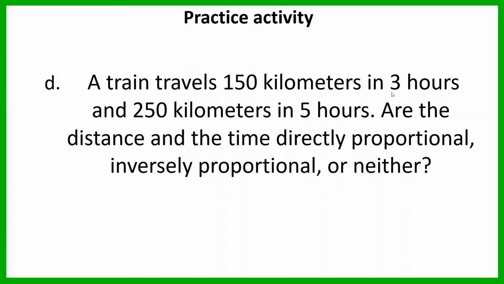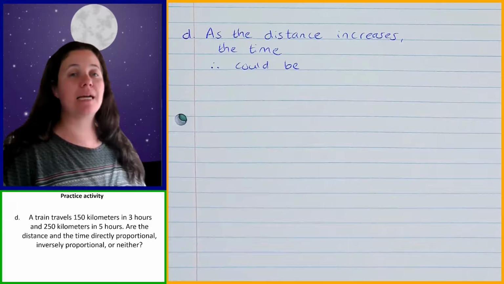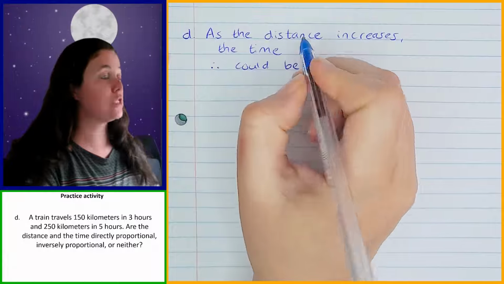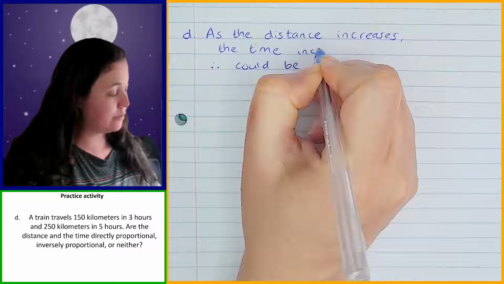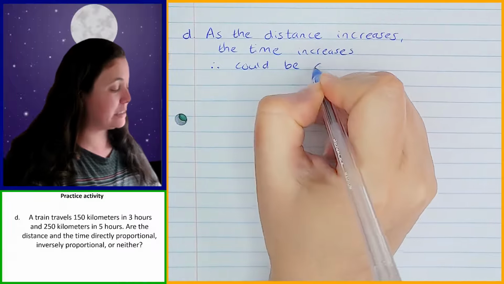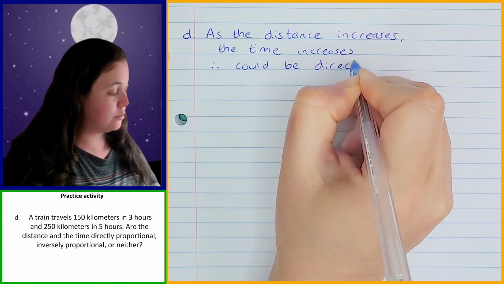The time goes from 3 hours up to 5 hours. So they both increase. That means that it could be directly proportional. So over here, I can say as the distance increases, the time also increases. Which means that it could be directly proportional.